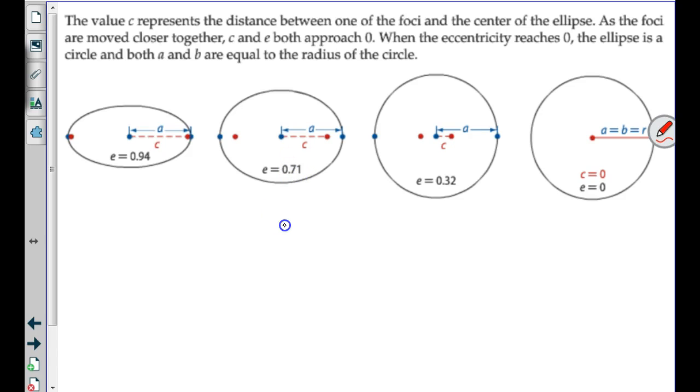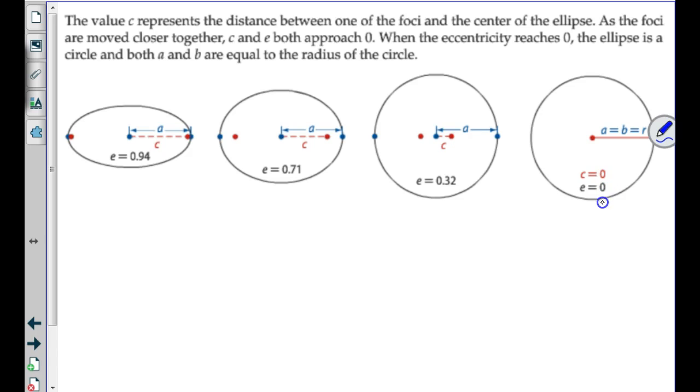So do you remember as I moved this, remember yesterday up here? I moved those magnets really close together and we got what? When they were the same point, I got a circle, yes? The further apart I stretched them, the more oval it was. So E tells you, if E is 0, okay, it's a perfect circle.